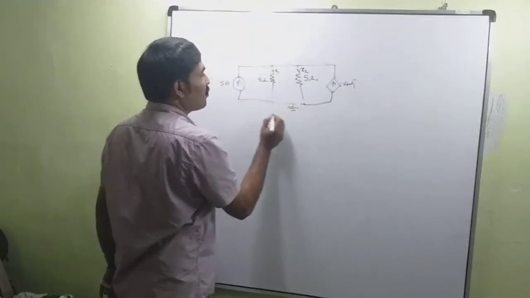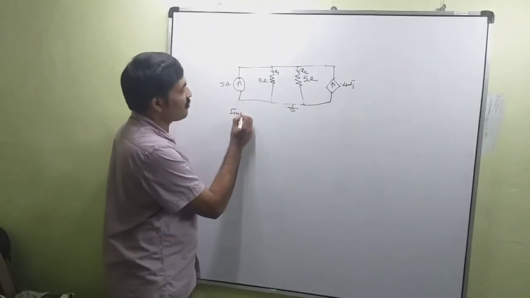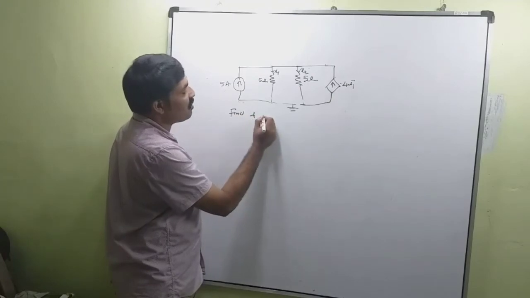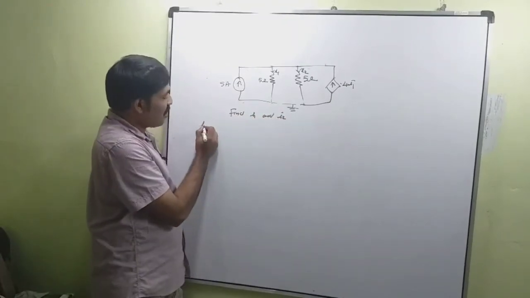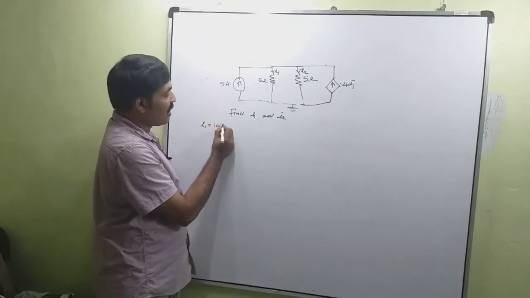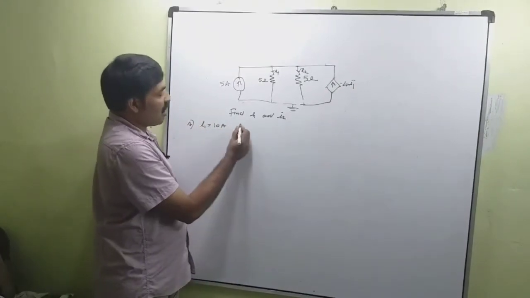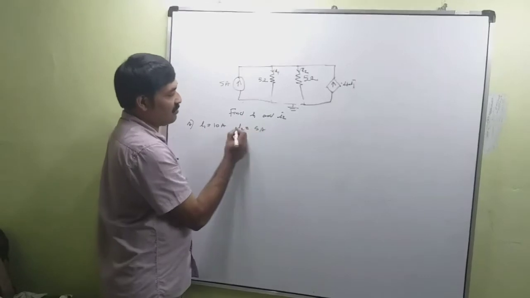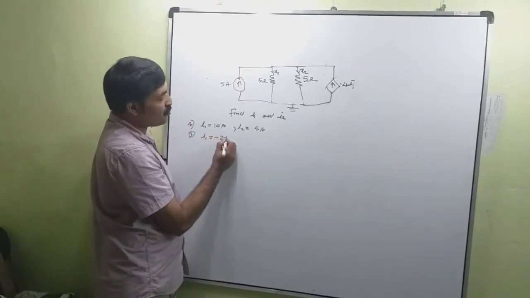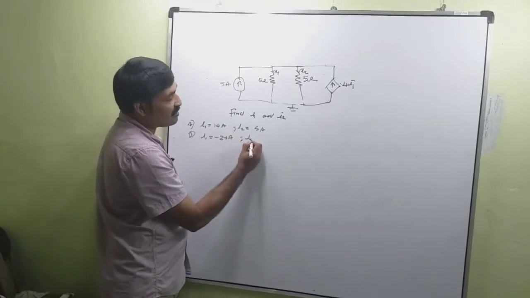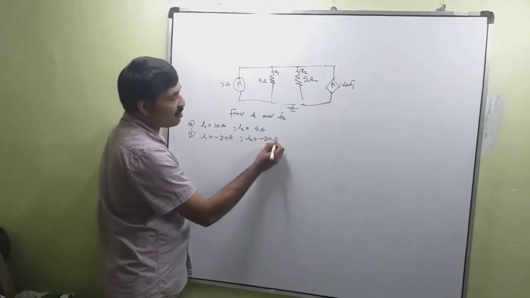Okay. Find I1 and I2. Choices are given. Option A, I1 is equal to 10 ampere, I2 is equal to 5 ampere. Option B, I1 is equal to minus 2.5 ampere and I2 is equal to minus 2 ampere.